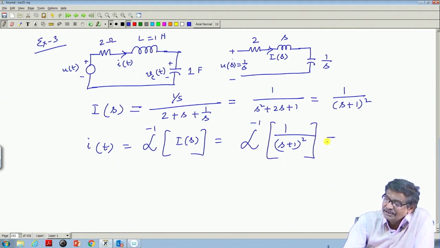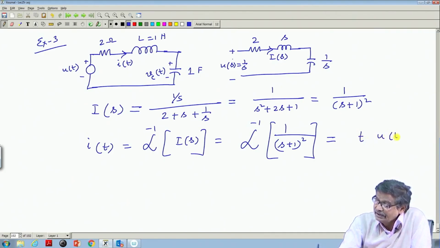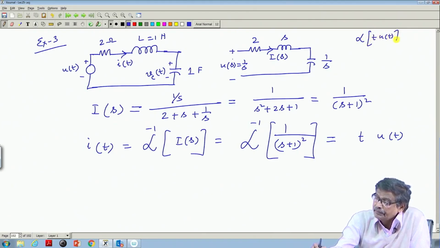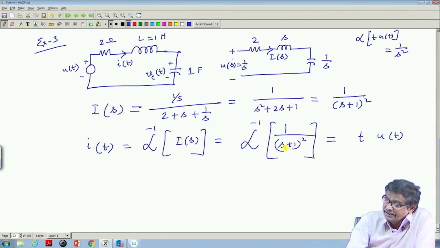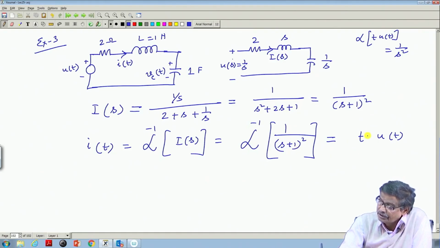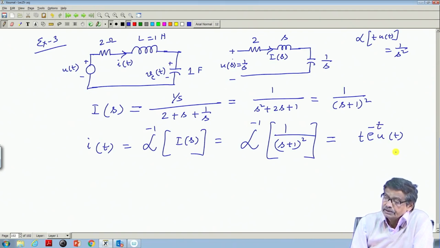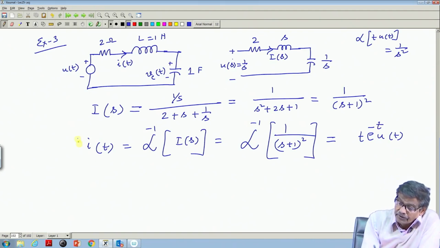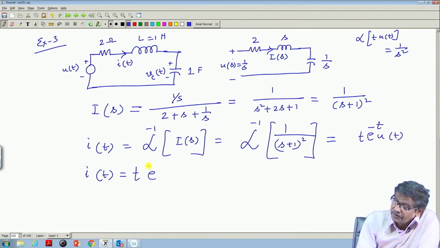And we know t into u(t) has Laplace transform 1 over s square. But here s is replaced by s plus 1, so it must be multiplied by e to the power minus t. Therefore, i(t) will be simply t into e to the power minus t into u(t).